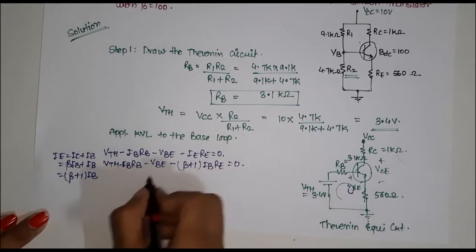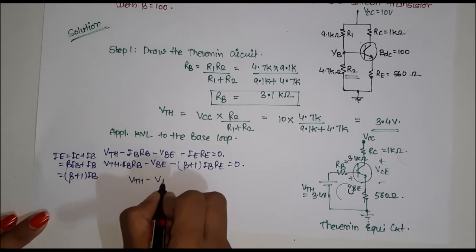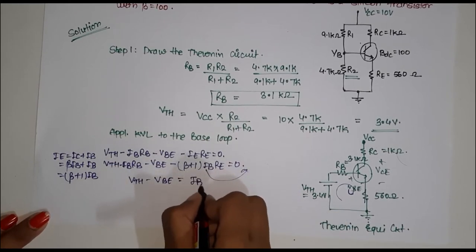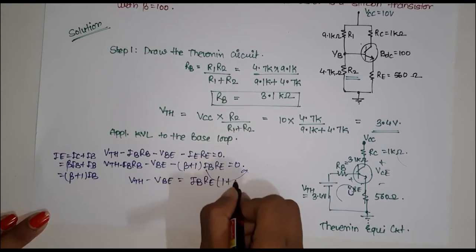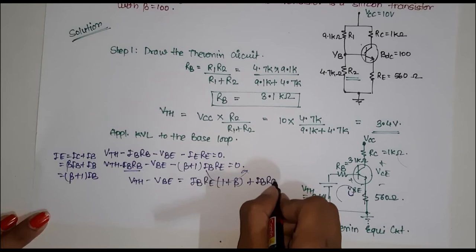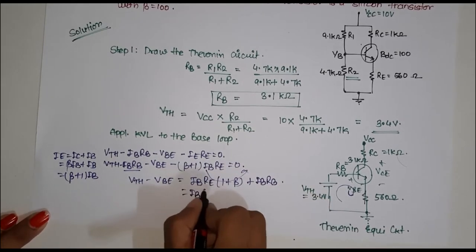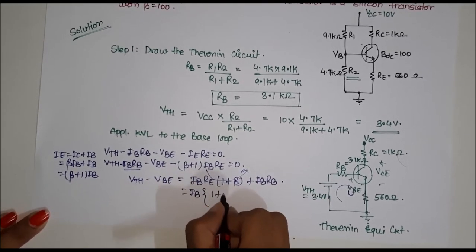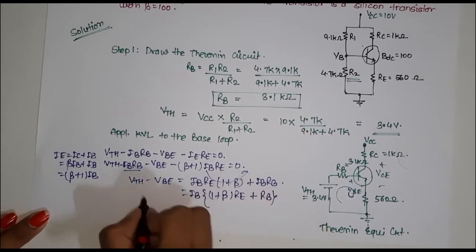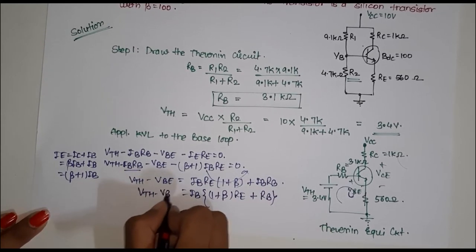Now IB के terms को सब एक तरफ लिखते हुए VTH minus VBE is equals to, इसको इस साइड लेके जाएंगे. So IB RE 1 plus beta and ये term को भी इस साइड लेके जाएंगे. So plus IB RB. So IB इसमें common है. So this will be 1 plus beta times RE plus RB is equals to VTH minus VBE.